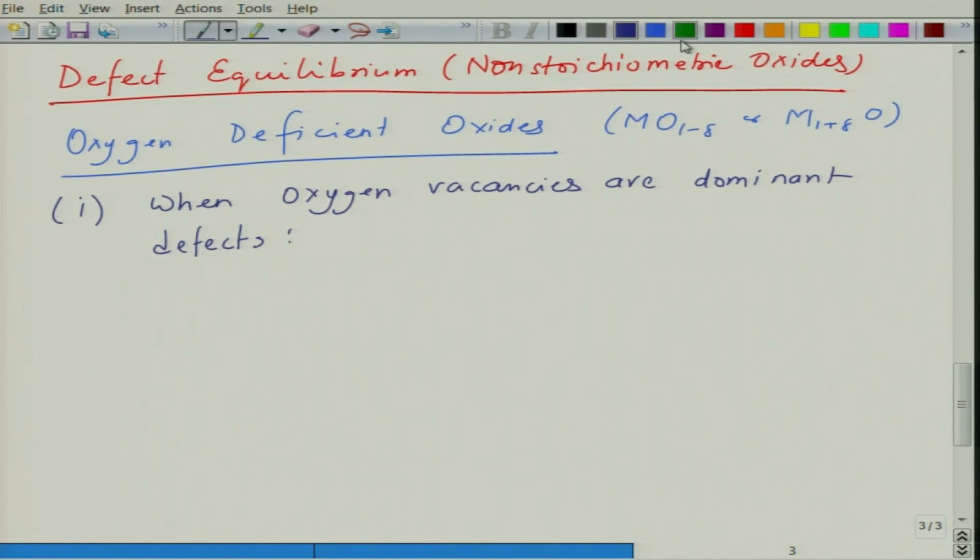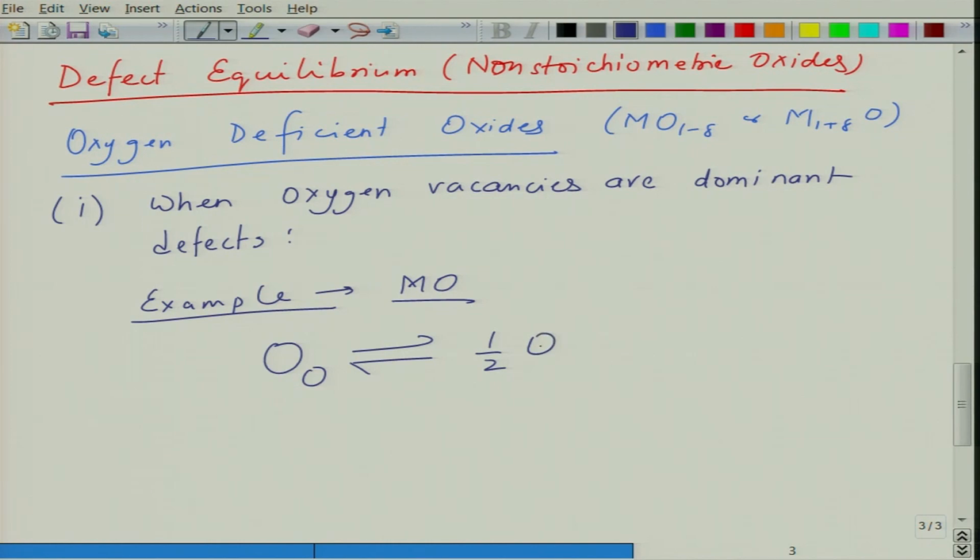If the example is of MO, then the defect reaction can be written as: oxygen at oxygen site goes out, while metal at metal site remains. Metal sites are conserved. The oxygen site, to maintain site conservation, will become empty.